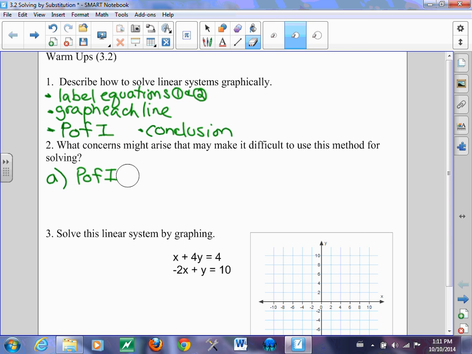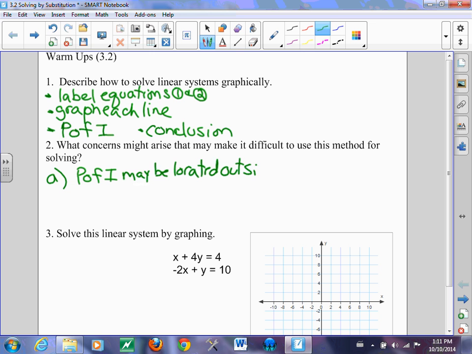P of I may be located outside of grid area. Okay, so if I had like an XY grid here, and say you had your equations, one was going like this, and this one was going like this, but they haven't met, and they'd probably meet way over here, outside of your grid area.